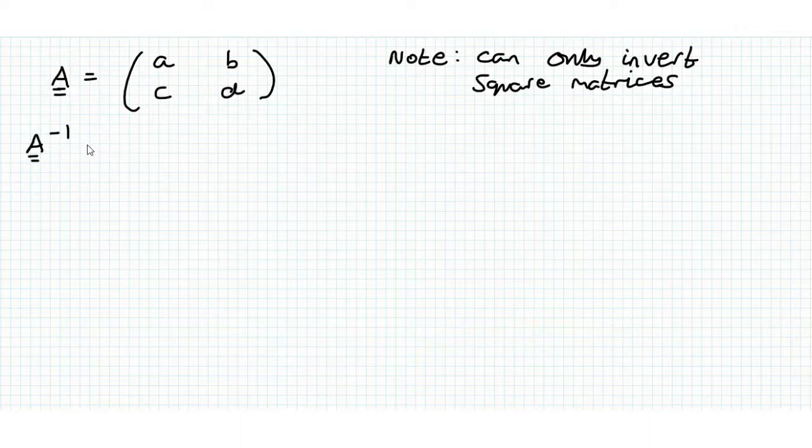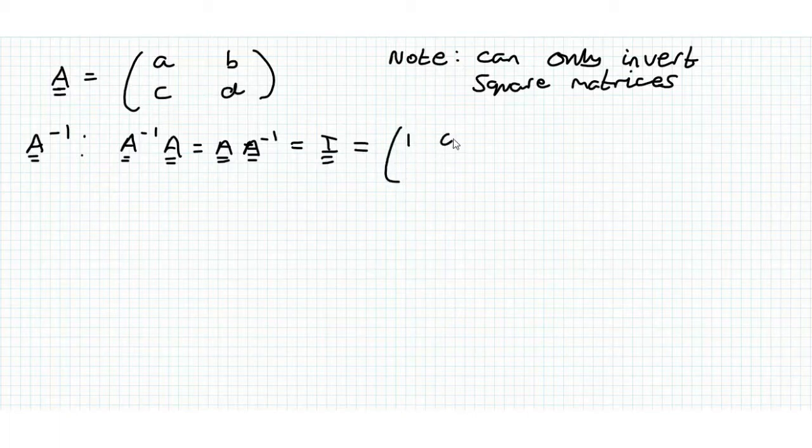And if we have A inverse, we have that A inverse multiplied by A is equal to A multiplied by A inverse is equal to something called the identity element, which in matrices is this matrix here, for 2 by 2.